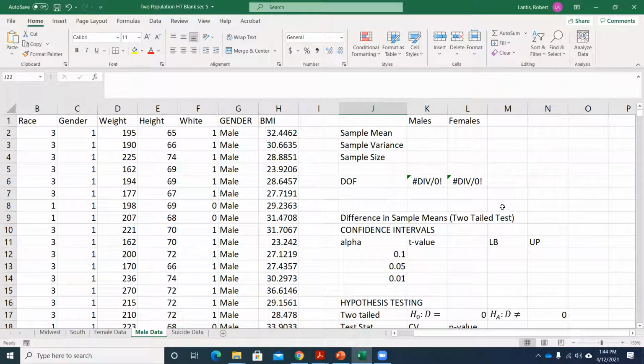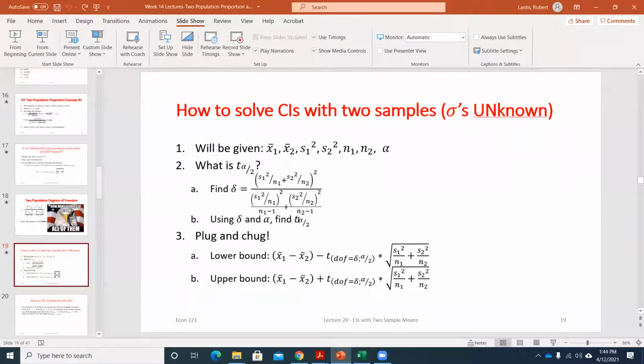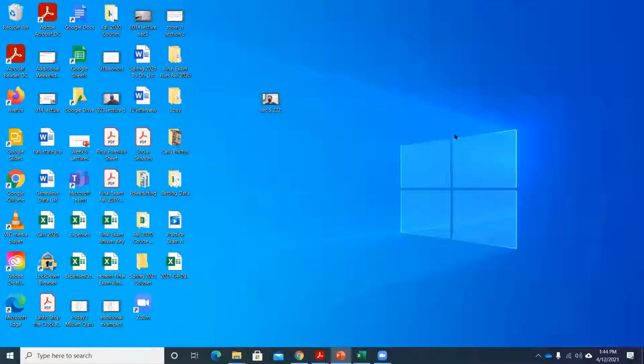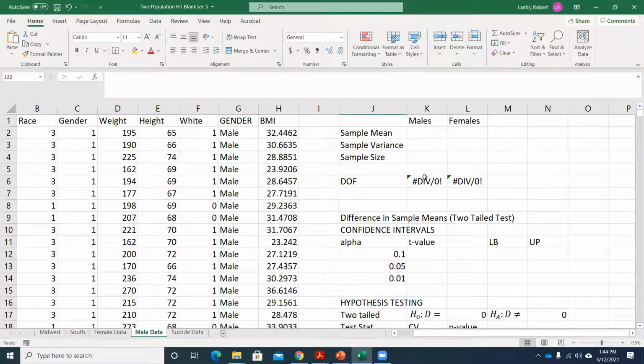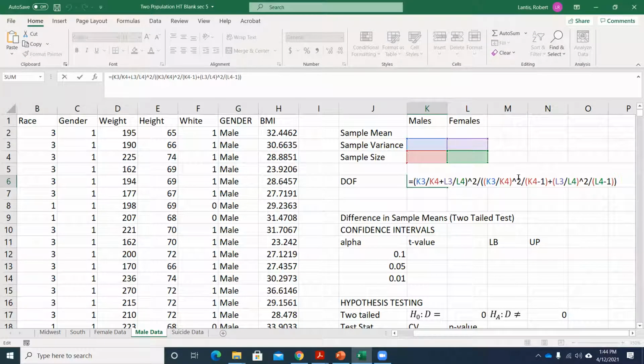So on that Excel assignment, once you get to that point, you're not going to have to enter this equation into Excel. I will have the assignment set up so that I have something like this already typed in, showing what that degrees of freedom would be, based off of the sample variance and sample size you found. Notice here, I've got that equation entered in. It took a little bit of time to make sure I had the right parentheses and everything, but that's what it would look like.